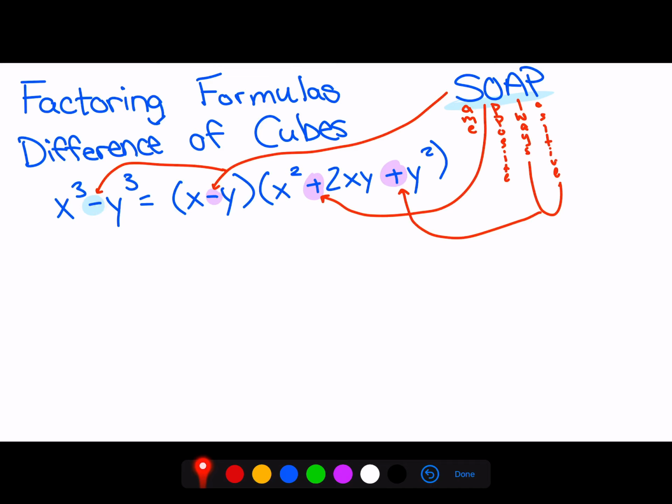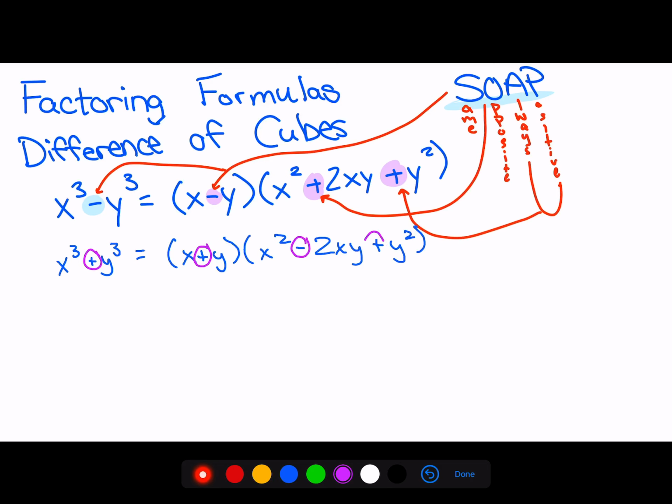If we see minus, we just do SOAP. If we see positive here, we just do SOAP once again. So if it was positive x cubed, and you'll see this in the future slide as well, it turned to same, opposite, always positive.